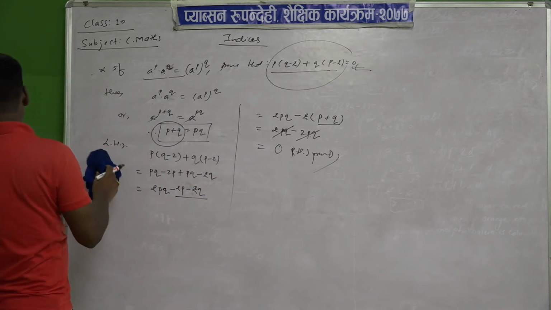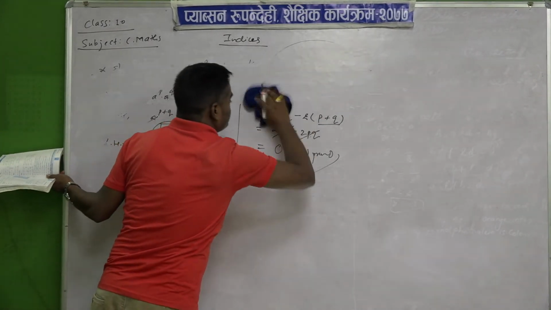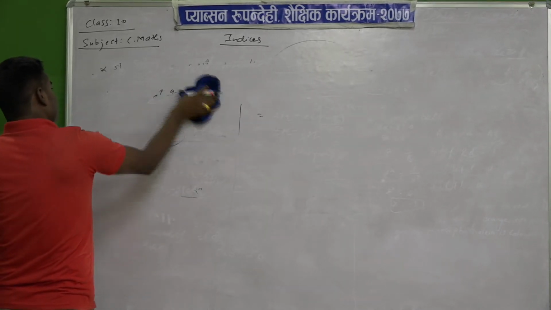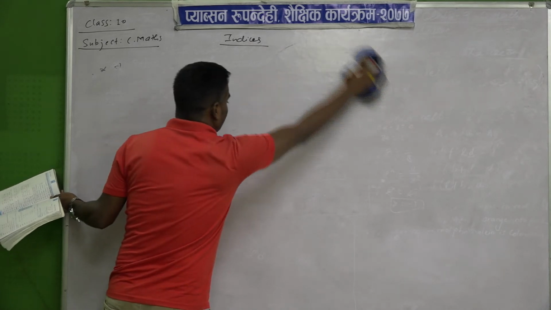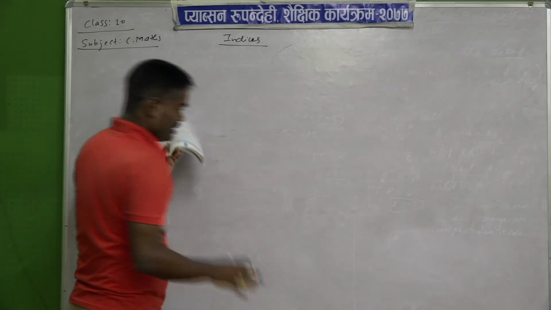So, let us see the other question here. Next, nothing is there, just you have to remember the rule and you have to follow the steps.